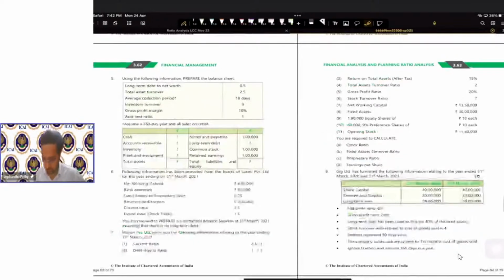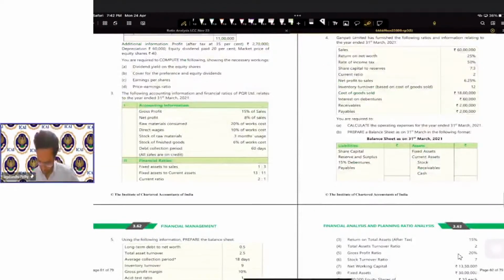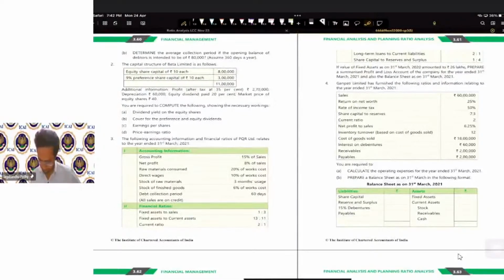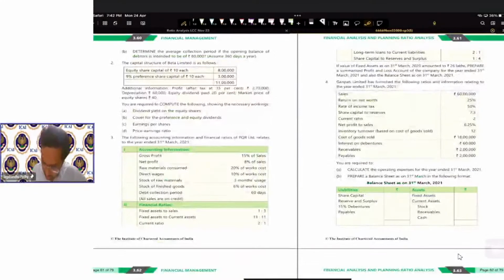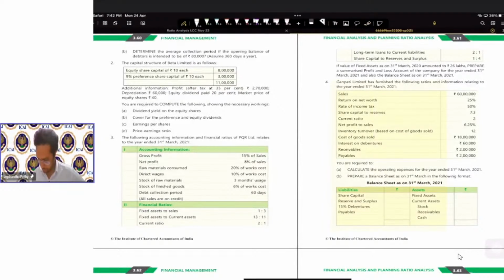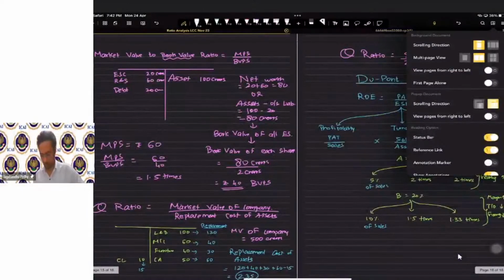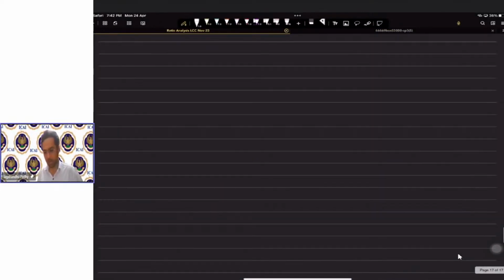Balance sheet and P&L where it's required. Let's just try to solve this question, which is practical question number 4. I'll try to solve it on the normal page that we do. If this gets done and we have more time, we'll take up some question from past RTP or MTP.